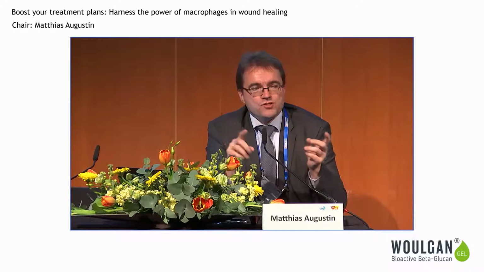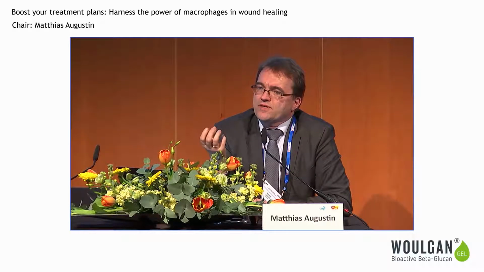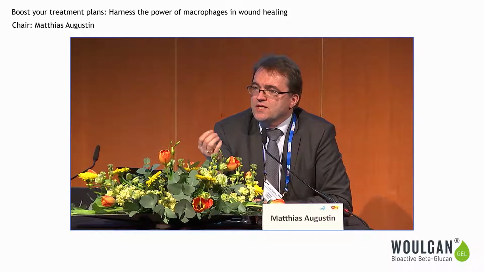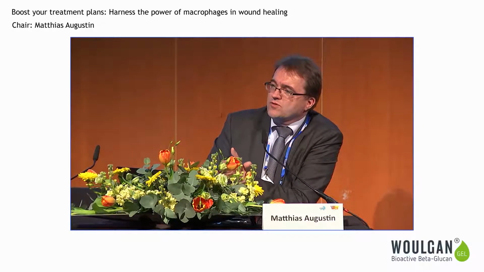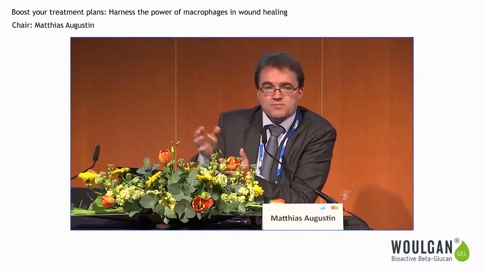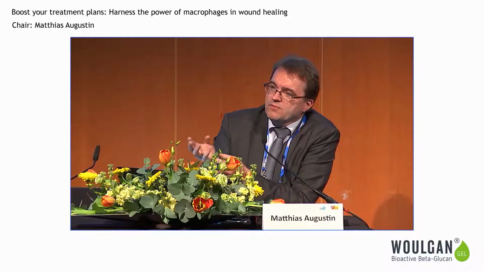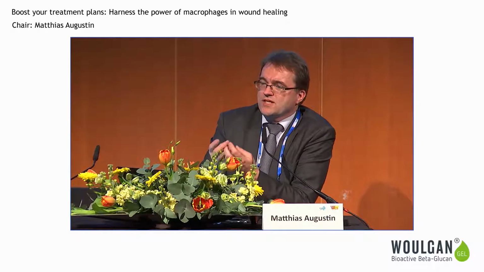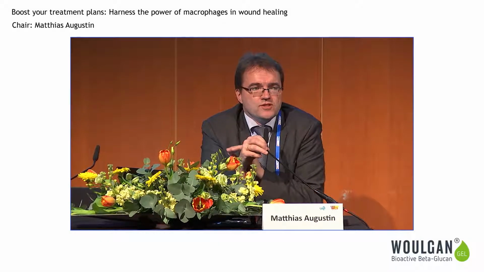And now coming back to Woulgan, to the beta-glucans, obviously they have the capacity to improve the phagocytosis and functionality of macrophages and their activation status in the wound in a very specific way. It's just a certain type of glucans, and maybe others can explain this better, but which have the capacity to induce both the differentiation and the functionality of macrophages. And obviously these cells are key in the process. Are there more questions or comments?